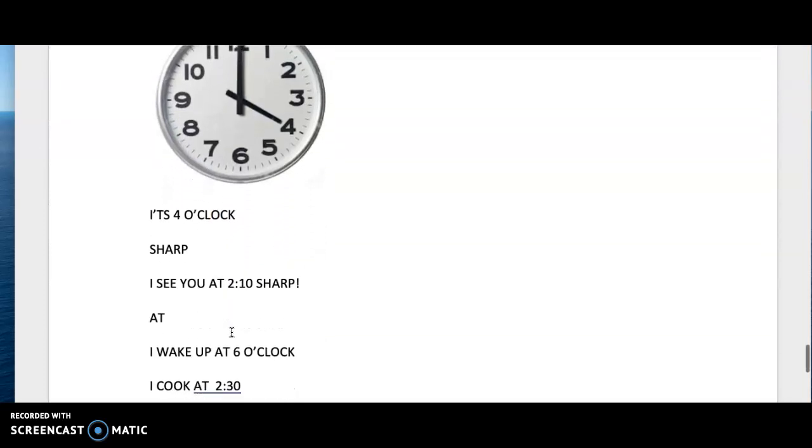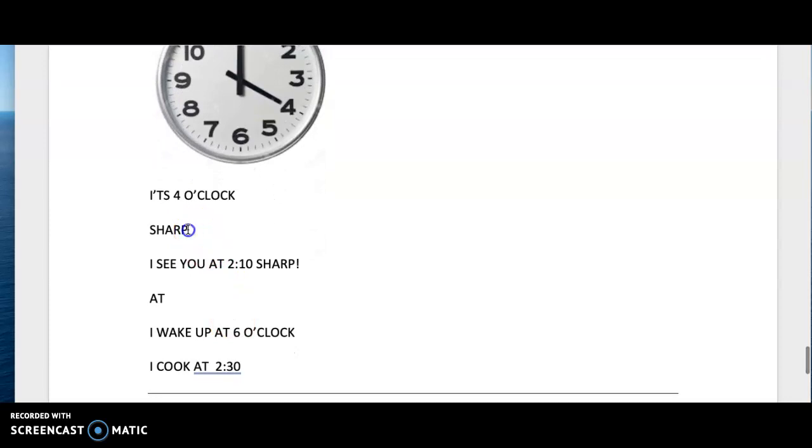Other vocabulary that we can see here is sharp. Sharp is en punto, but you say, for example, I see you at 2:10 sharp. Or I see you at 10 minutes after 2 sharp.